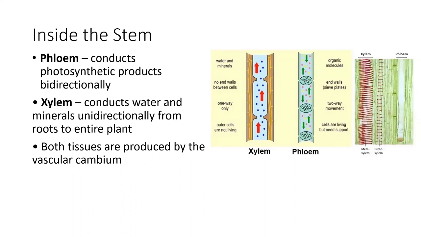So in other words, oftentimes it is bringing sugars both upward and downward through the stem. Xylem, on the other hand, only goes upward. So it's bringing up water and minerals from the soil and, if you fertilized, bringing up water and minerals up through the plant.